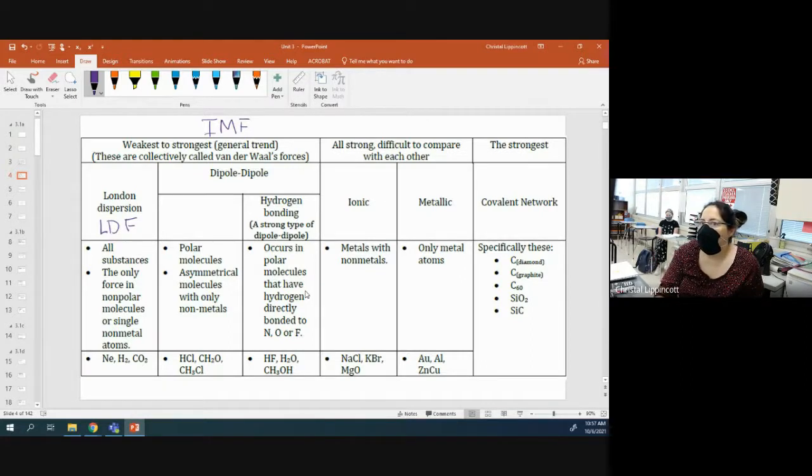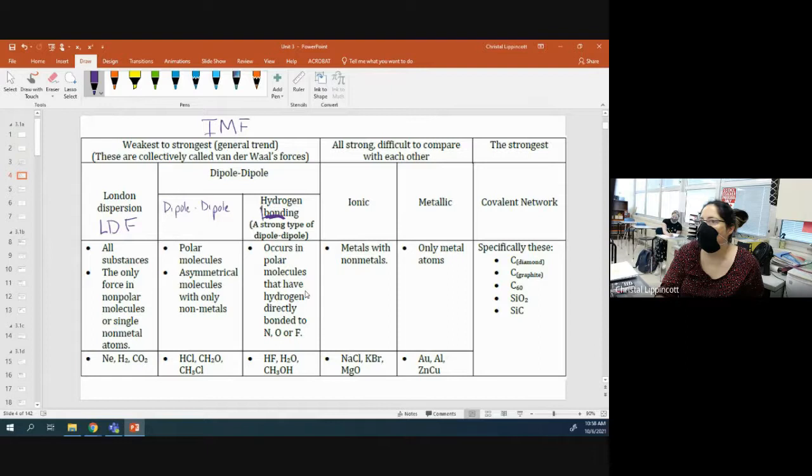London dispersion forces are our first type. Then we have 2 types of dipole-dipole. We have one that's just called dipole-dipole. And then we have a special type of that that's called hydrogen bonding. It is not a bond in the traditional sense of the word.